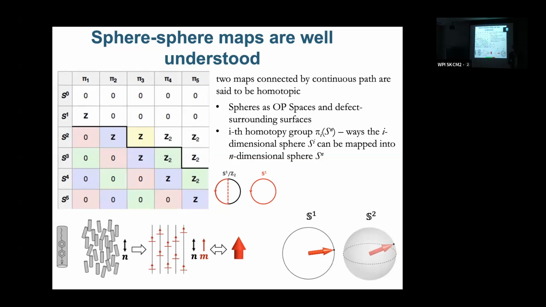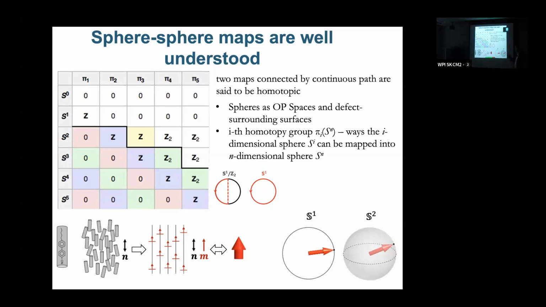Well, for a unit director, it seems this order parameter space is twice too large to describe these orientations, because a vector orientation like this and that are equivalent when you have head-tail symmetry, right?